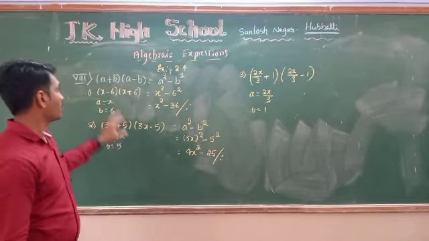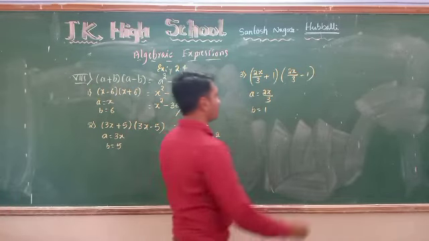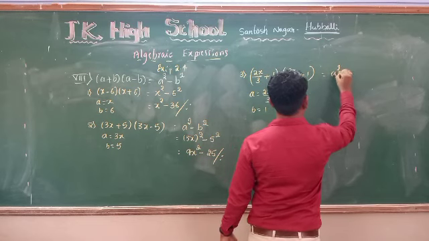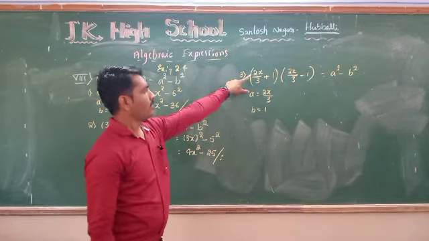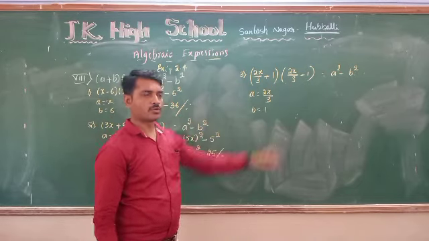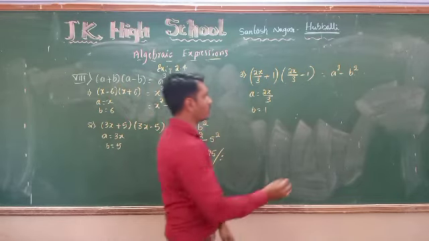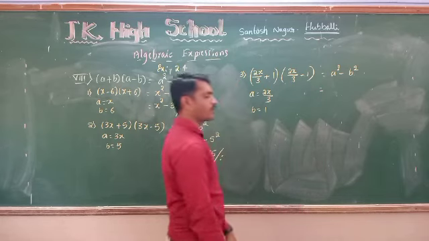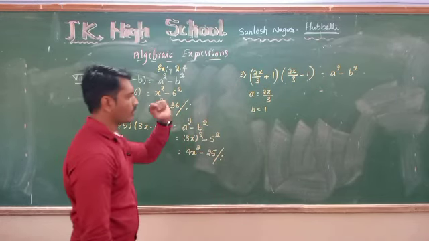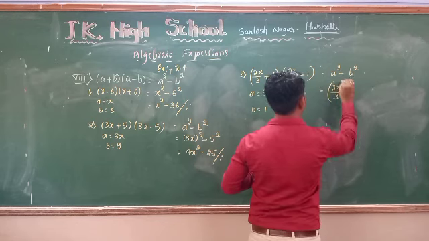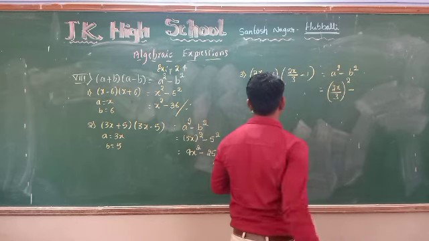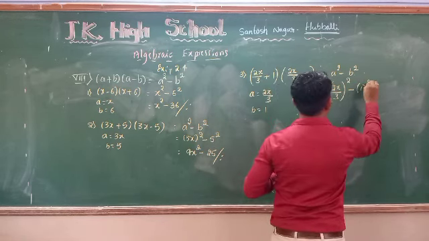Yes, we are under the identity of a plus b into a minus b. What is the formula? A square minus b square. Later on, just put the value of a square. What is the a square value? 2x upon 3 the whole square minus b square, which means 1 square.